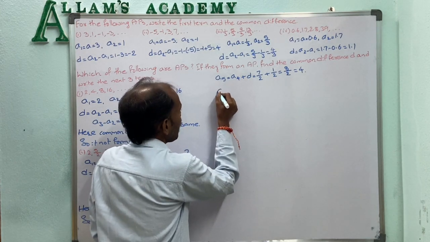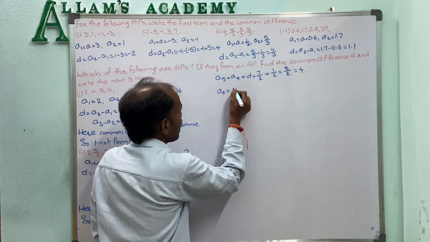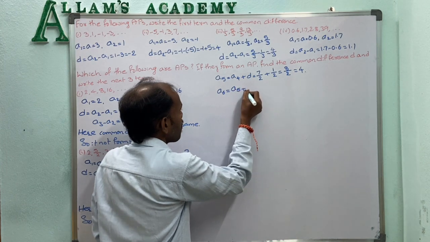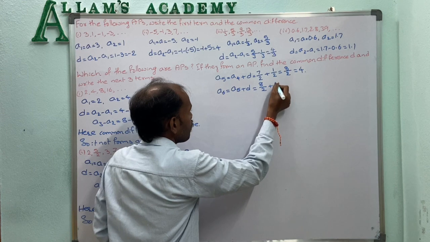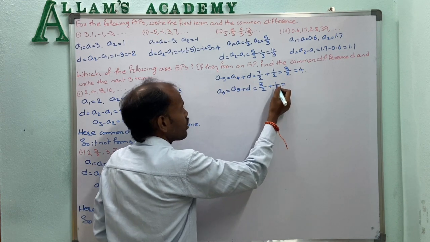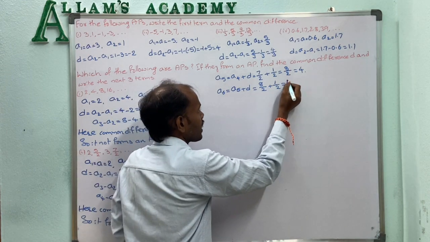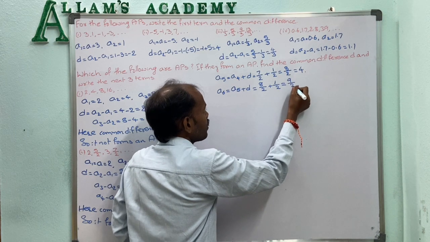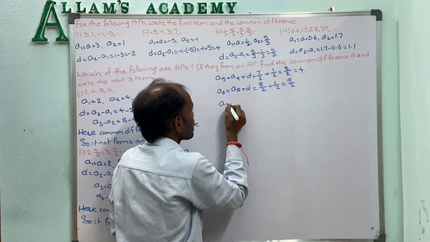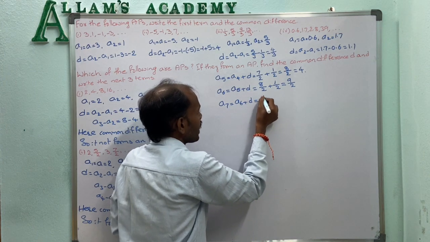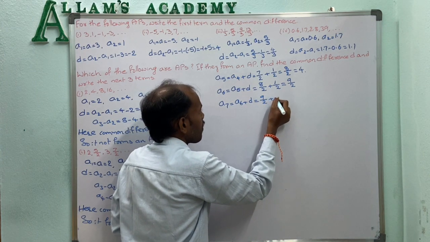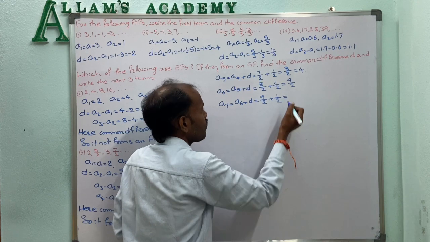Next, A6 is A5 plus D. A5 is 8 by 2 plus 1 by 2, that is 9 by 2. Next, A7 is A6 plus D, where A6 is 9 by 2 and the common difference D is 1 by 2.